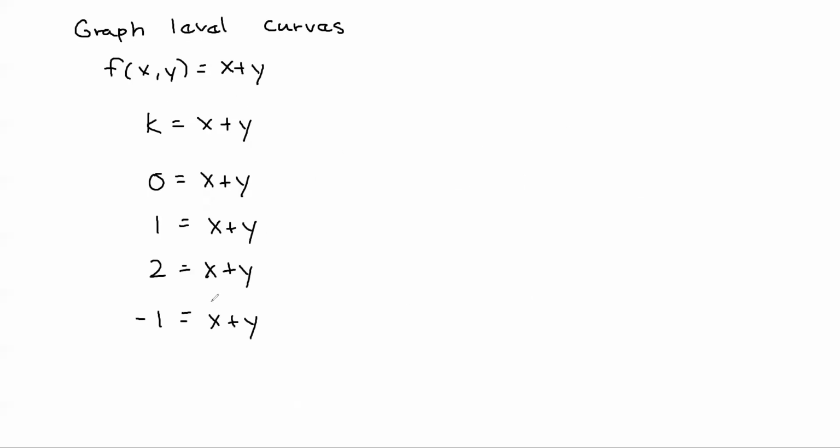Once you've got your equations for your level curves, you go through and draw your coordinate axes. And then we just want to draw those curves. So how do you draw these curves? Well, you could translate these into the traditional format for lines.